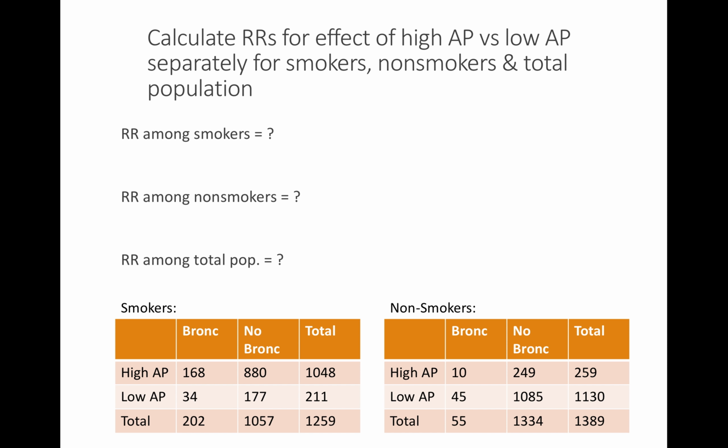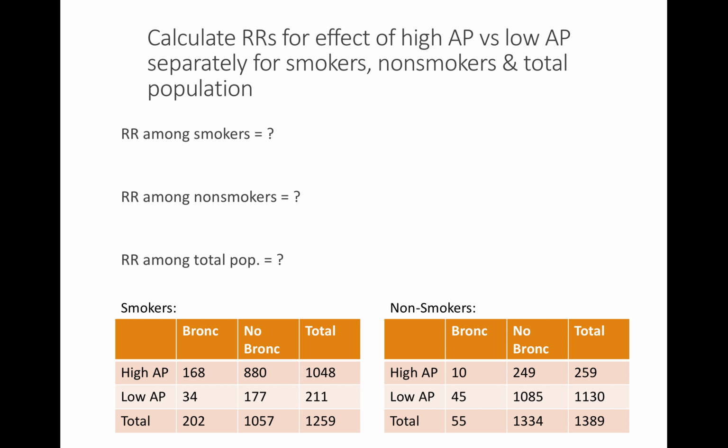Now we get into calculating relative risk for the effects of air pollution separately for smokers and non-smokers. If air pollution is actually having an effect on bronchitis, then we would expect to see an association between air pollution and bronchitis for smokers, and an association between air pollution and bronchitis for non-smokers.